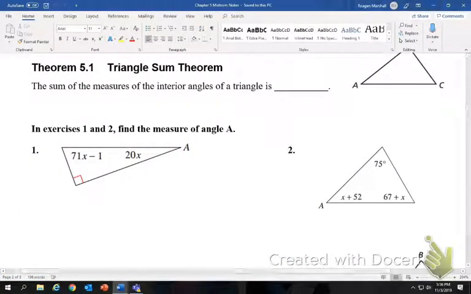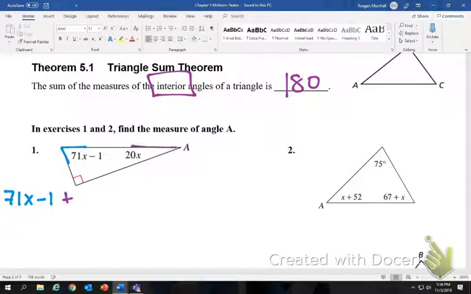Triangle sum theorem. The sum of the measures of the interior angles in a triangle is 180. So the interior add up to 180. In our first example, we'll start with that 71x minus 1 plus 20x plus 90, and it equals 180.